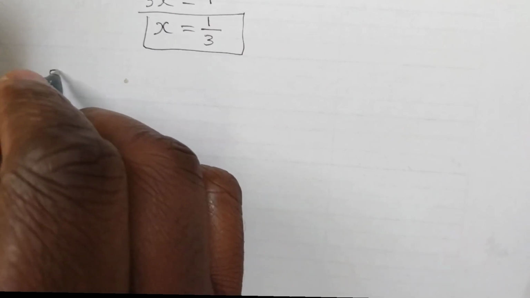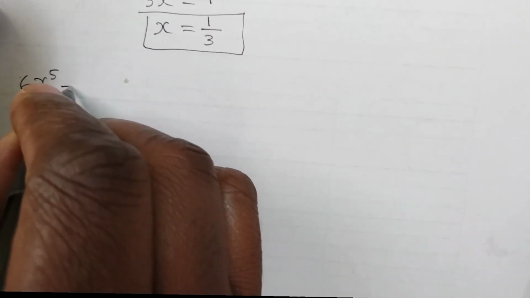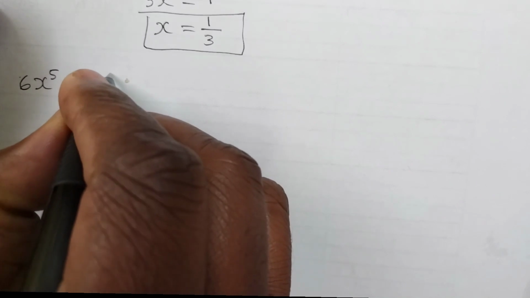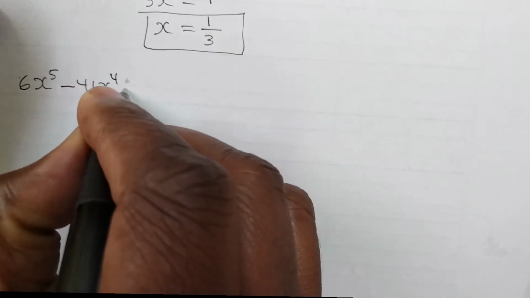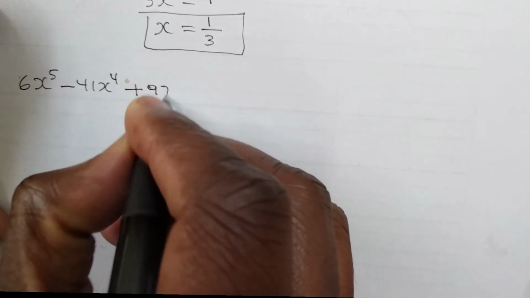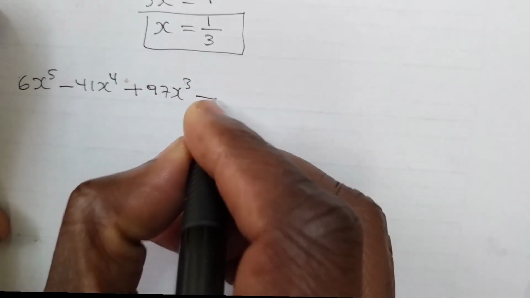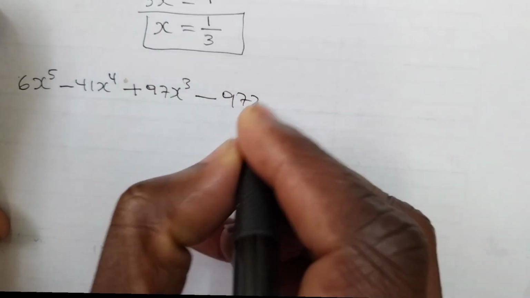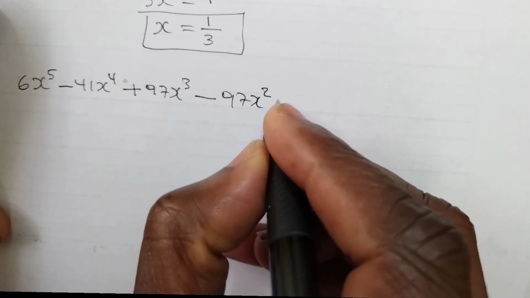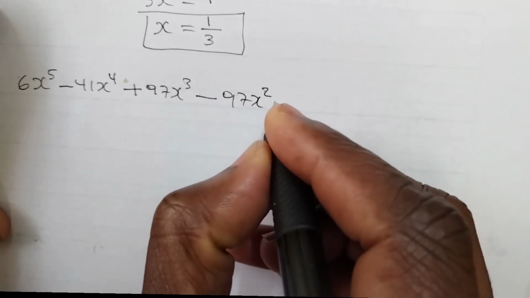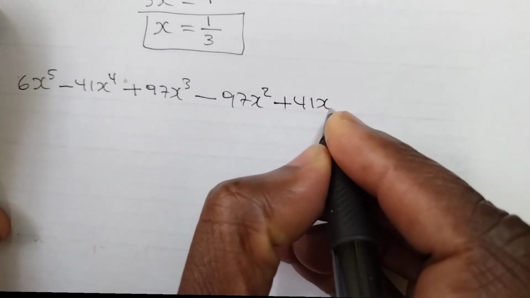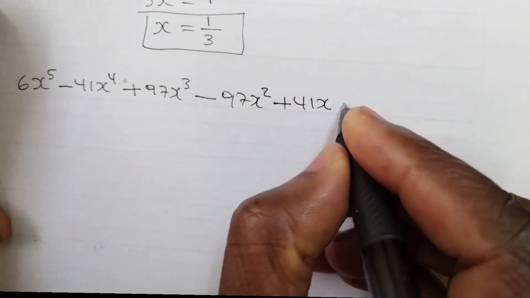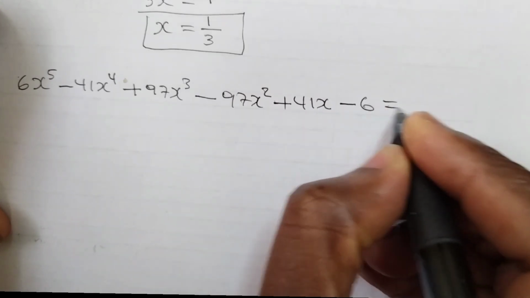6x to the power 5 minus 41x to the power of 4 plus 97x to the power 3 minus 97x to the power 2 plus 41x minus 6 equals 0.